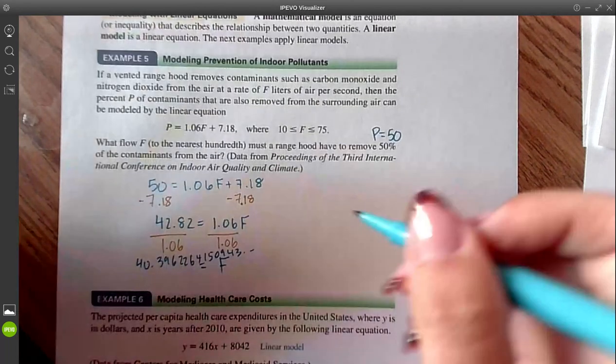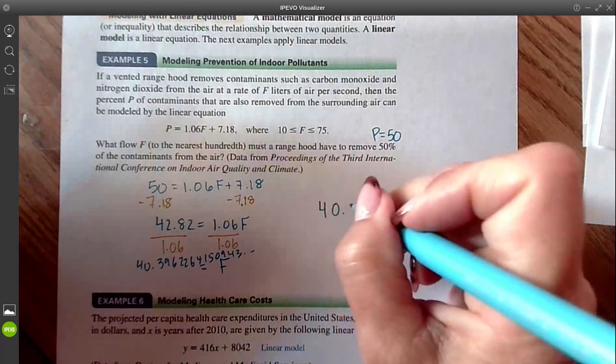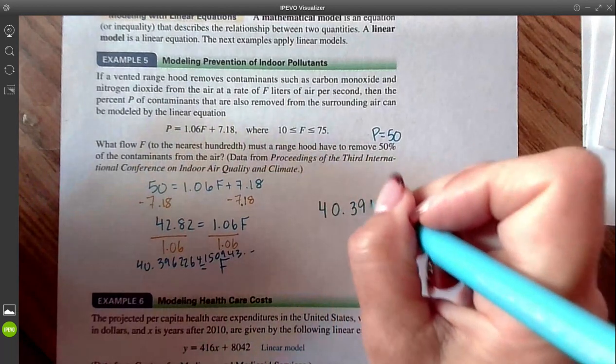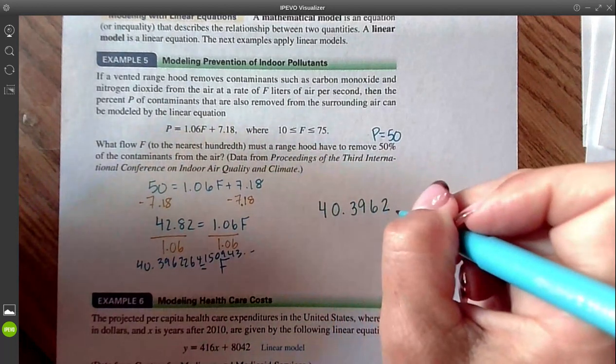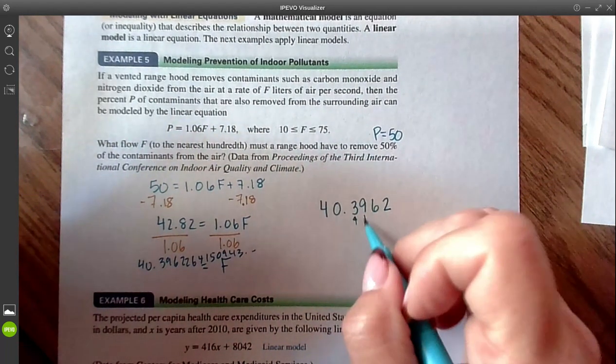But we're supposed to round to the nearest hundredth. So I'm looking at 40.3962. There's more to it, but to the nearest hundredth, here's tenths, here's hundredths.